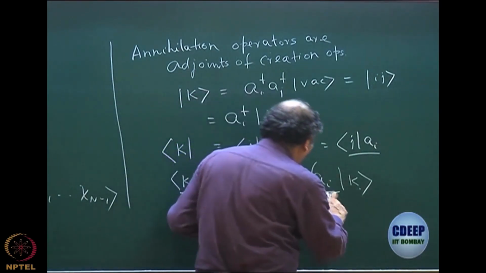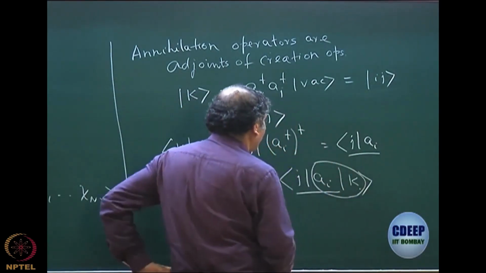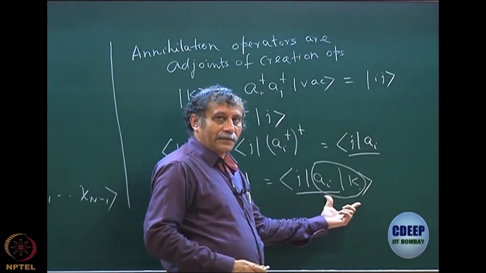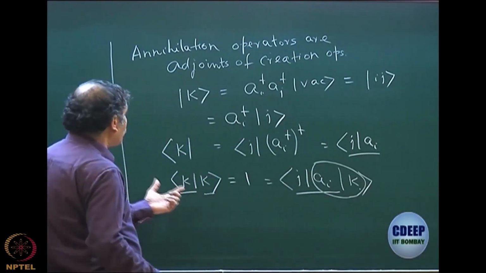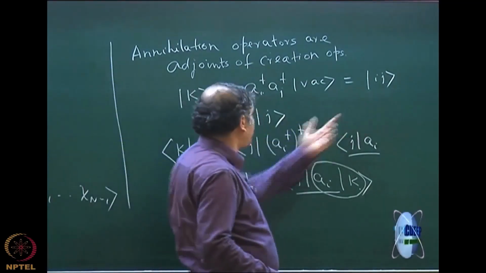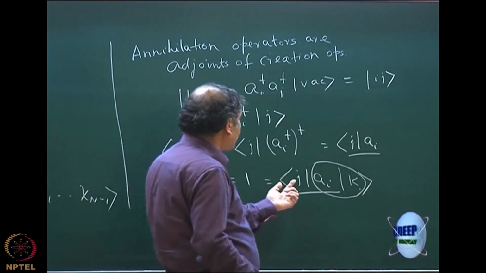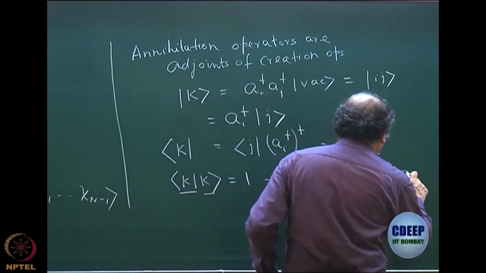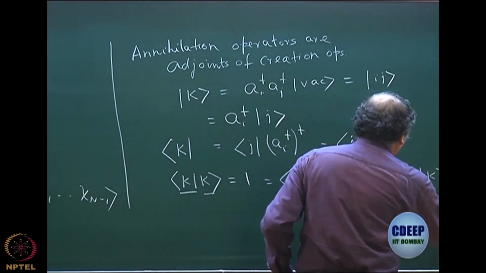So, what can be 1 unless this itself is J? I made this 1 in two ways. One is this determinant normalization is also 1, 2 electron. Another is the orbitals are also normalized. So, now I propose that AI K must be equal to J.